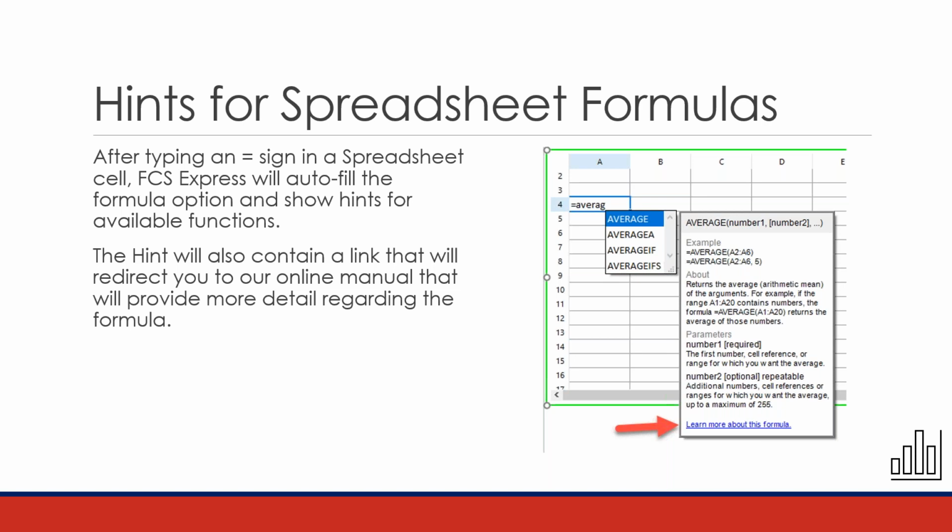So by being able to integrate this directly into FCS Express, it was really a bit of a game changer for us. And since then, we've gone to great lengths to make it much more Excel-like, a lot more user-friendly, very intuitive. One of the things that we recently added, currently available in the current release, is hints for spreadsheet formulas.